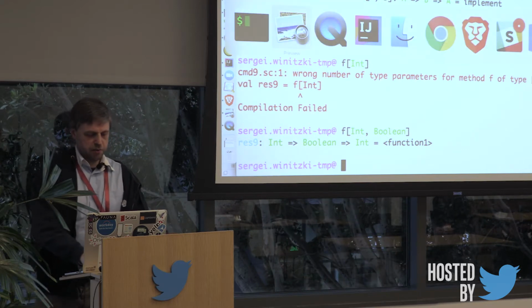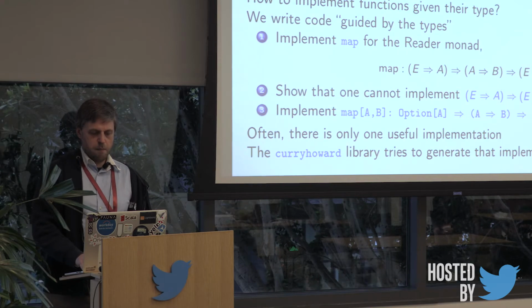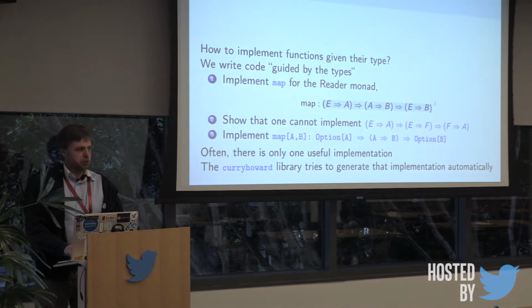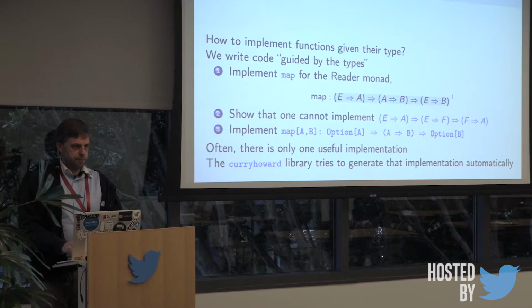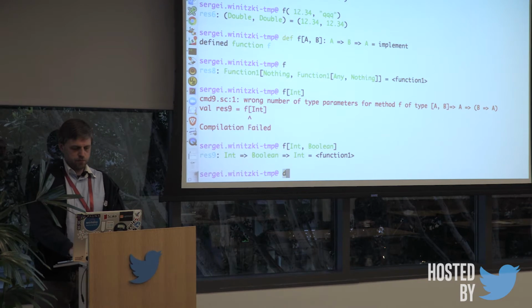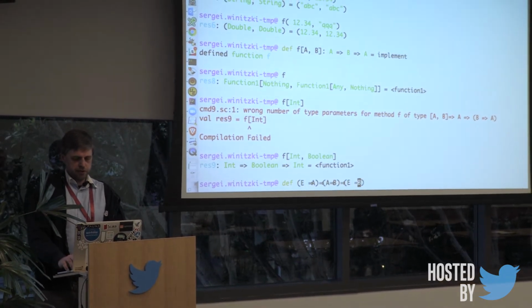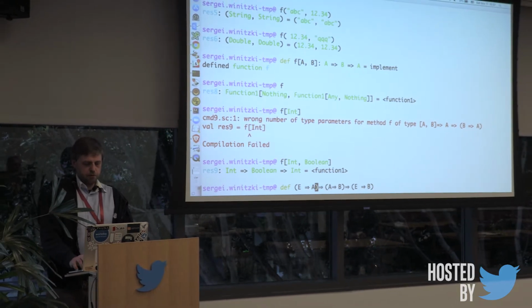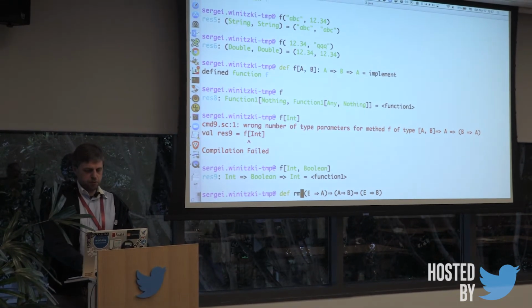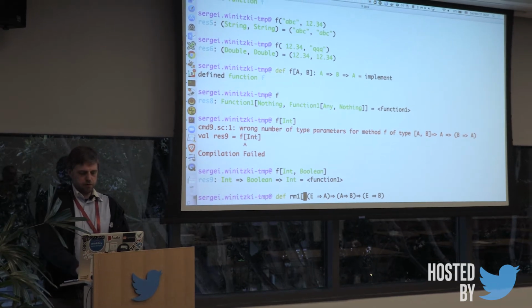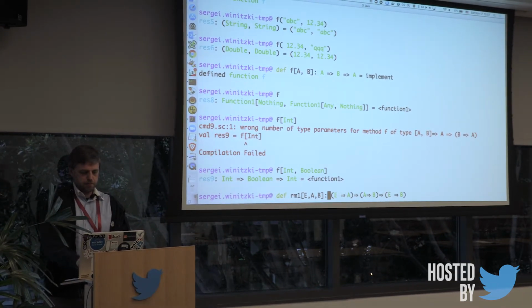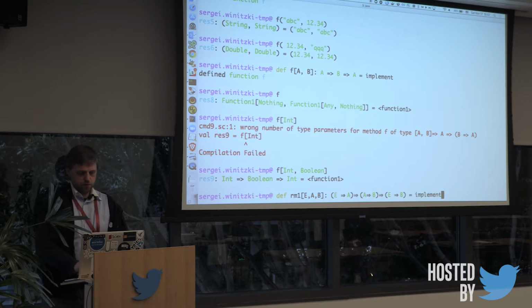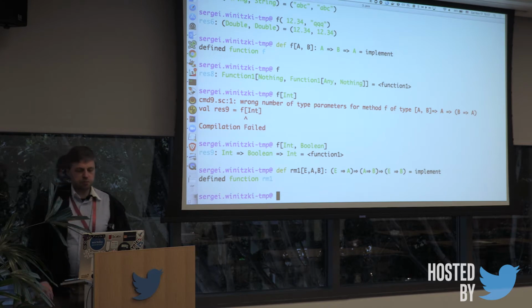Let me give you another example, which is in my slide here. So you're familiar with the reader monad. So this type signature is basically the map function for the reader monad. So it can implement this.